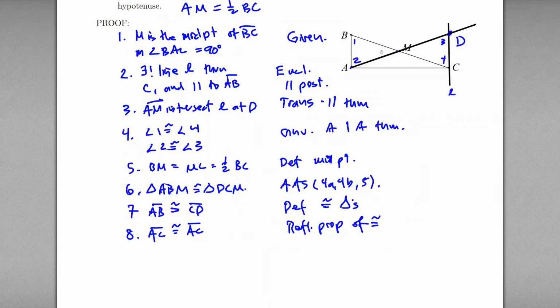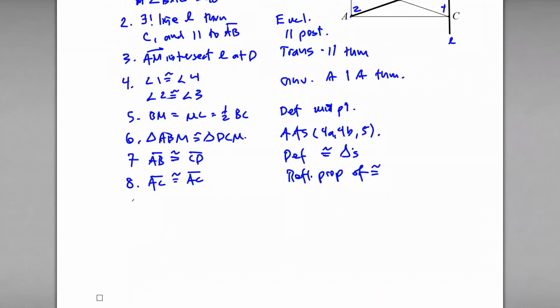We haven't observed yet that this angle measure is 90, but we have that this line and that line are perpendicular and that this line and this line are parallel. So if these two lines are parallel and this line is perpendicular to that one, then this one is perpendicular to that one, given by the converse of the parallel perpendiculars corollary. All right, so step 9 is that we get that the line L is in fact perpendicular to the line segment AC by the converse of the parallel perpendiculars corollary.